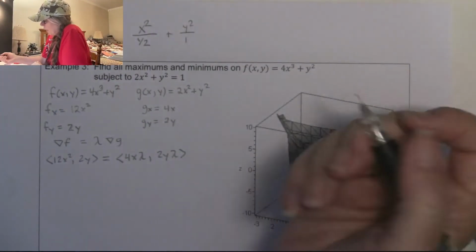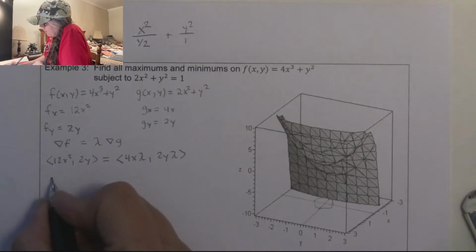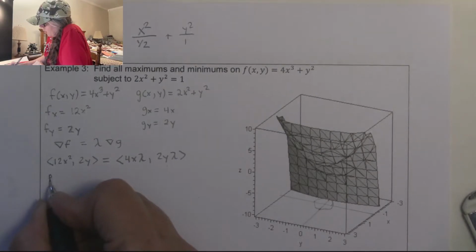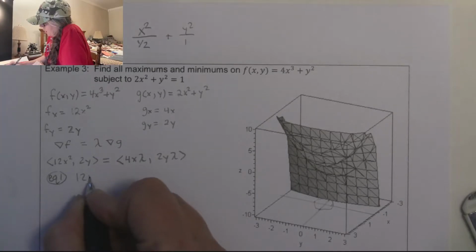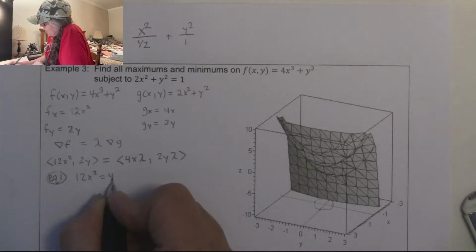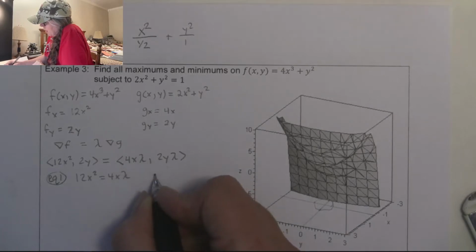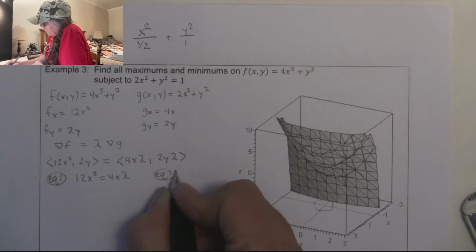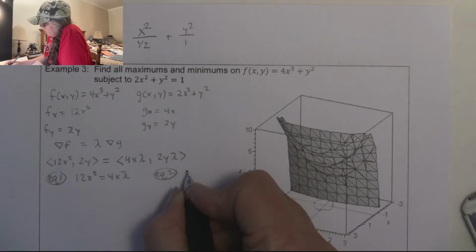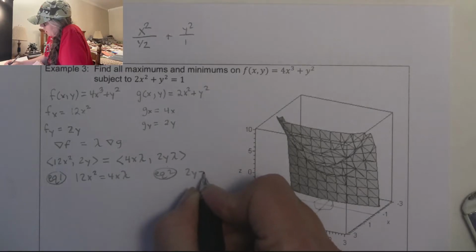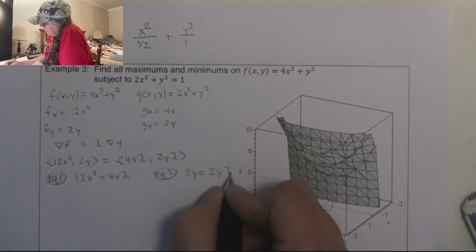And so, okay, here we go. This is going to be equation 1. I like to name it equation 1 because that's what I do in my algebra class. 12x squared equals 4x lambda. And equation 2: 2y equals 2y lambda.